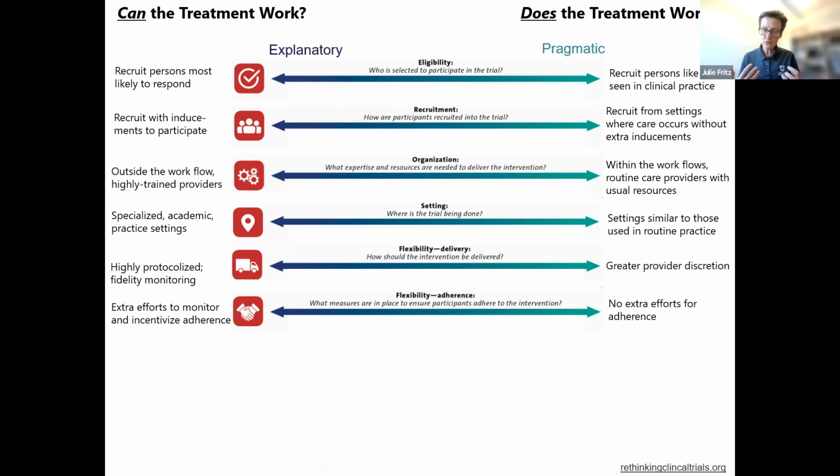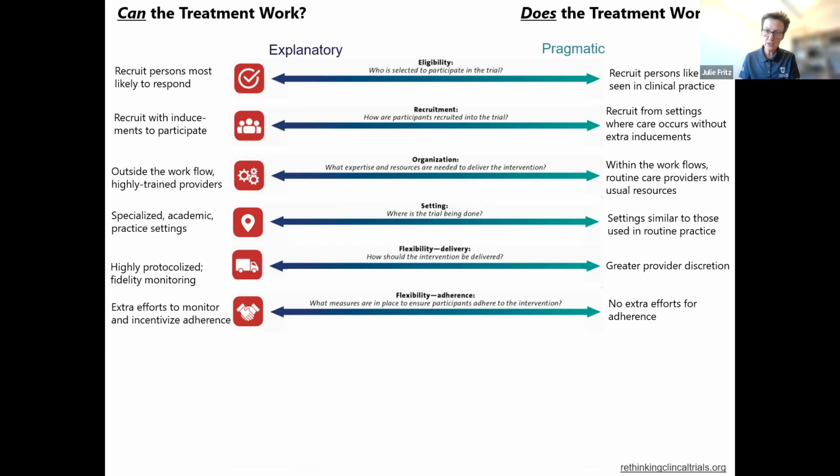And this is a real challenge for rehabilitation interventions to find the right balance in any particular study between how much you want to standardize and protocolize versus allowing for clinicians to do what they do under real circumstances, which is to exercise degrees of discretion. The second flexibility domain is focused on the participant and what sort of procedures are in place to encourage adherence from the participant.